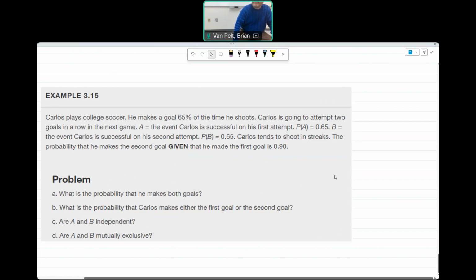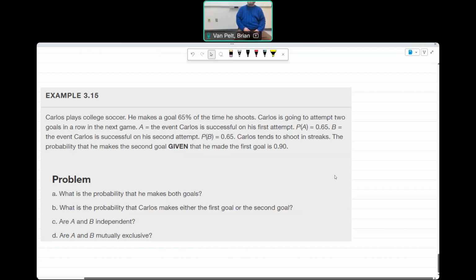They're allowing A to equal the event that he makes his first attempt. I would have called it F. I would have called B S. S seems more reasonable to me.